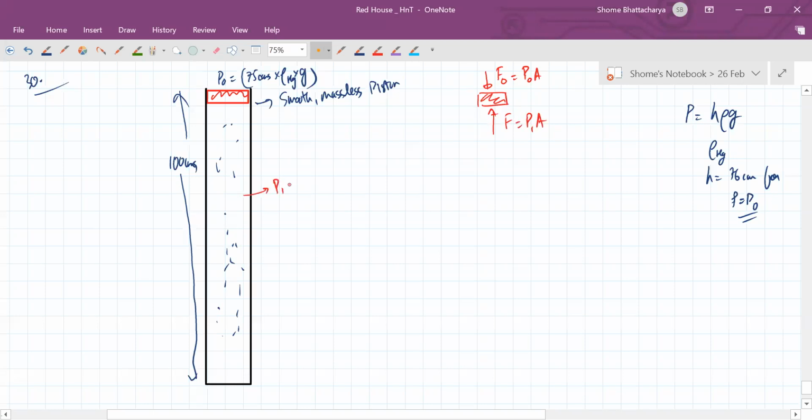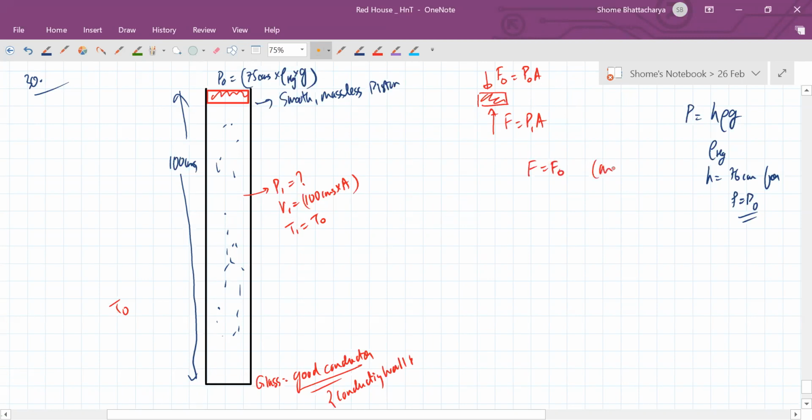Let's say it's at pressure P1, volume 100 centimeters into whatever area, and temperature equal to T naught, that is the outside temperature, because glass is a good conductor of heat. So it acts like a conducting wall. Whatever the outside temperature, same will be the temperature of the gas inside. Now from this you can see that F is equal to F naught because it's a massless piston. So that means the initial pressure of the gas P1 is equal to atmospheric pressure.